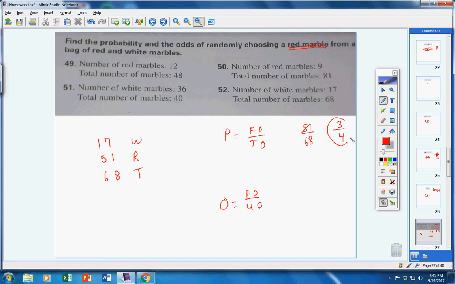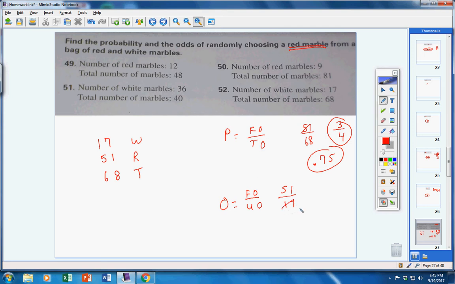So your answer is 3/4 or 0.75. Now for the odds, favorable outcomes 51 over unfavorable outcomes 17.